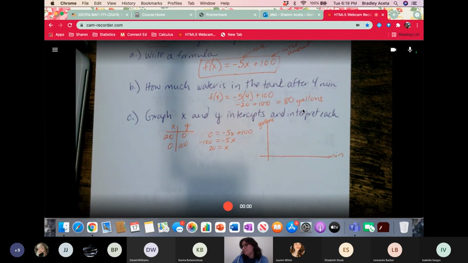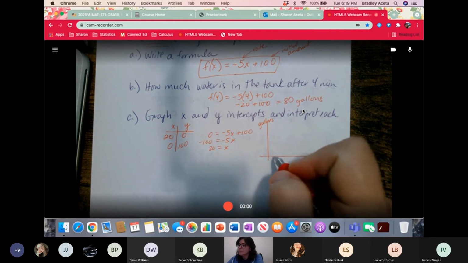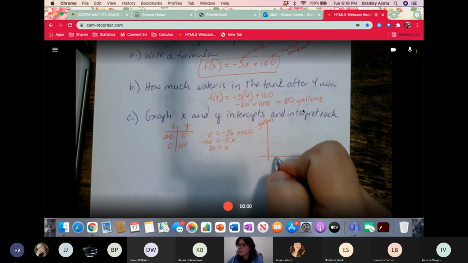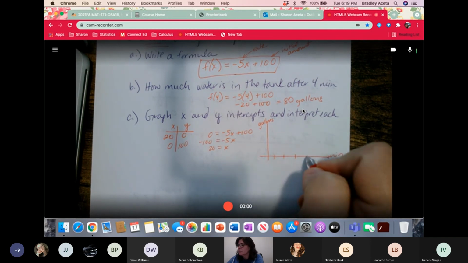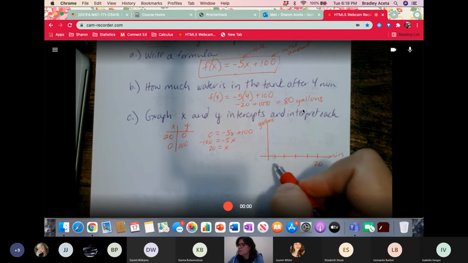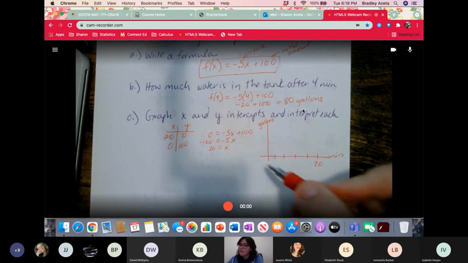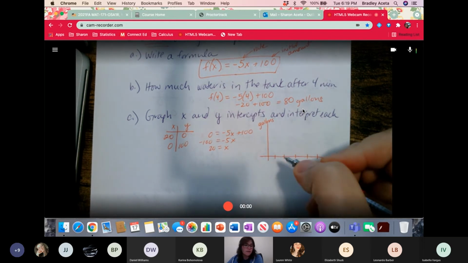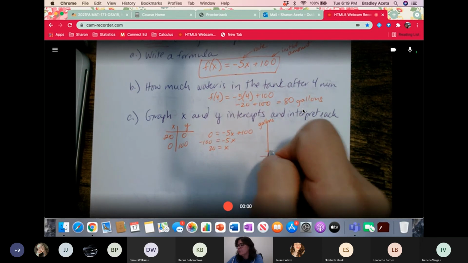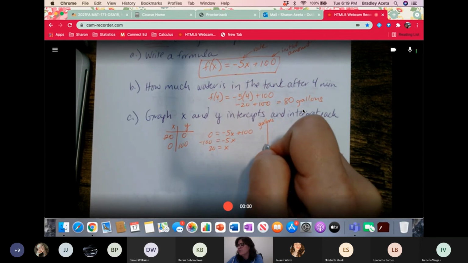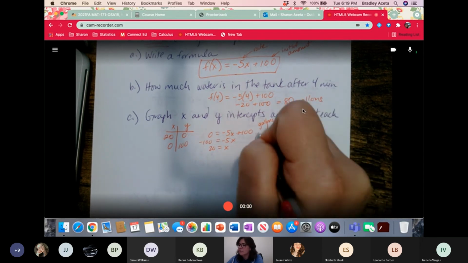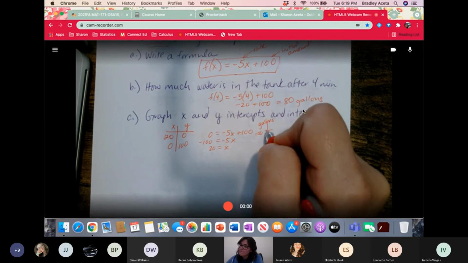And let's see. We'll scale it by 20. We'll go 1, 2, 3, 4, 5. And then this one is 100 gallons, so we can go by 25s: 25, 50, 75, 100.